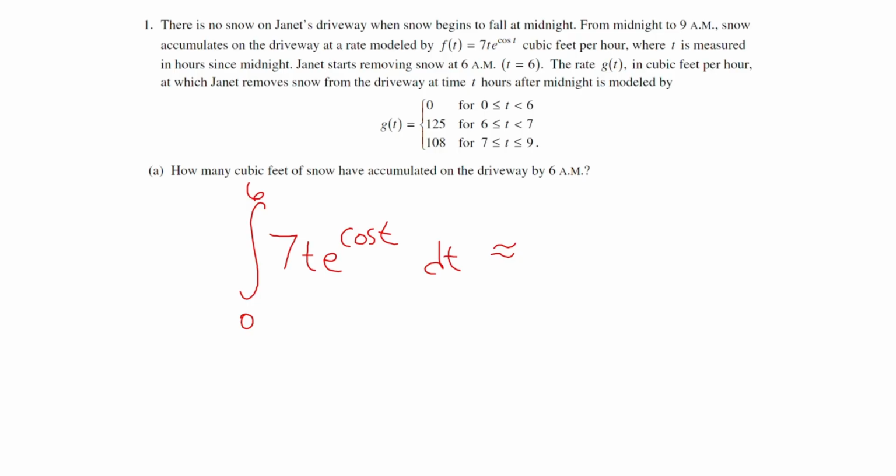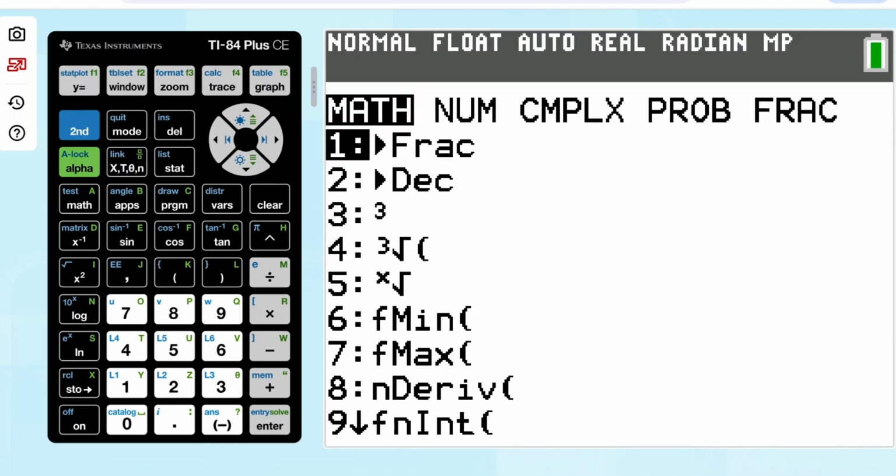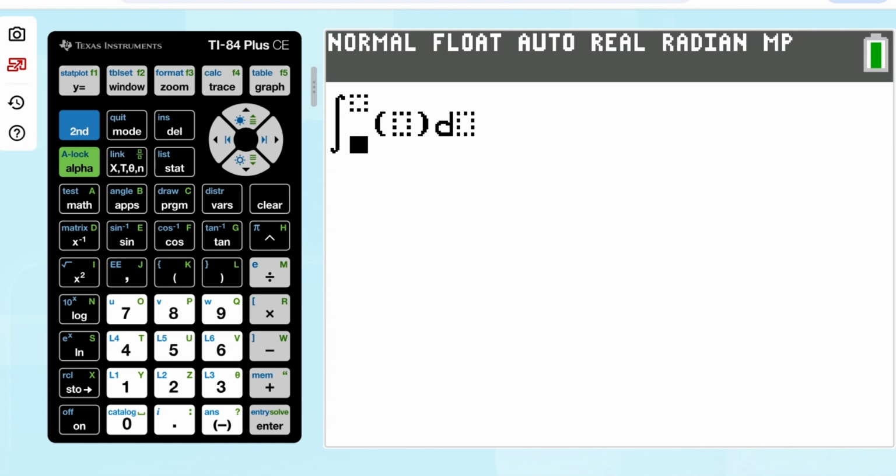This being a calculator question, we'll go to our graphing calculator, do math, option number 9, and integrate from 0 to 6. Our function was 7t, so we'll do 7x, and then e to the cosine x.